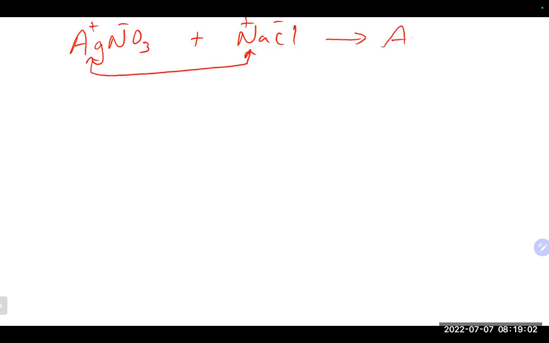So we had something like this one I think we looked at last time, silver nitrate plus sodium chloride. Again, this is a double displacement reaction, positive, negative, positive, negative. These two are going to switch partners. And that makes silver chloride and sodium nitrate.